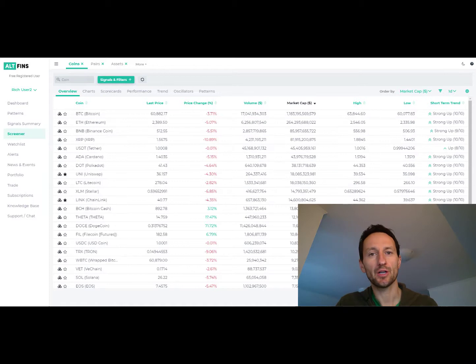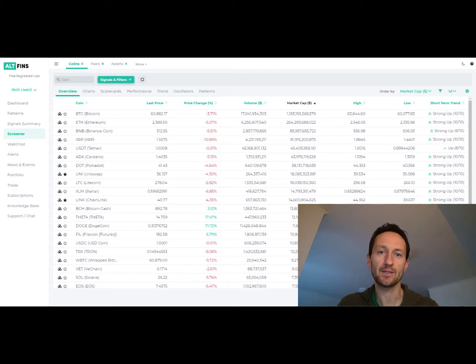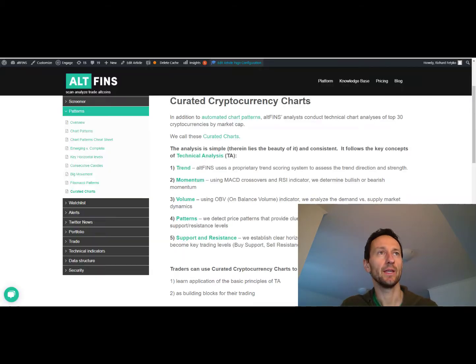The curated charts are technical analyses that are created by our own in-house team of analysts, and it uses really 5 simple but very powerful building blocks for technical analysis, and we outline those in a post in the knowledge base.